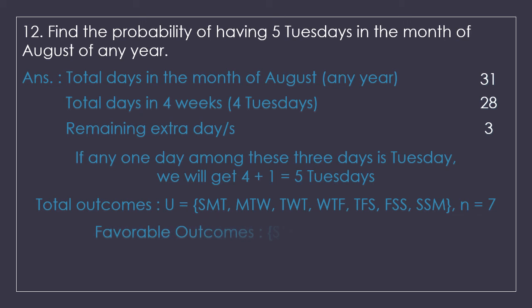That is 3 possible outcomes which are in our favor. So the probability here will be m upon n is equal to 3 upon 7. Okay guys, I hope you guys got this properly.